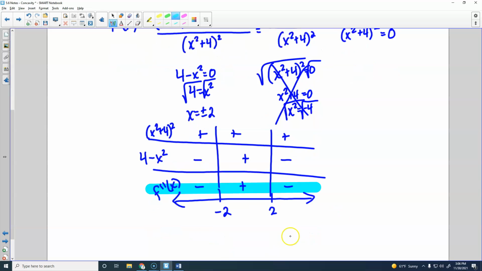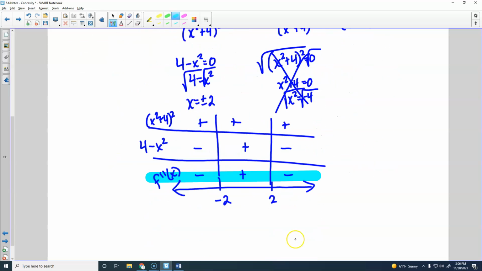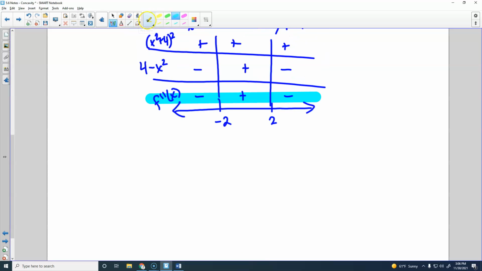All right, so points of inflection, and I should say I only want x coordinates. We're only going to do x coordinates for sake of time anyway. Your reasoning for points of inflection is a little bit different than concave up or down. Points of inflection is when you're going to go from negative to positive or positive to negative. So you've got to change signs.